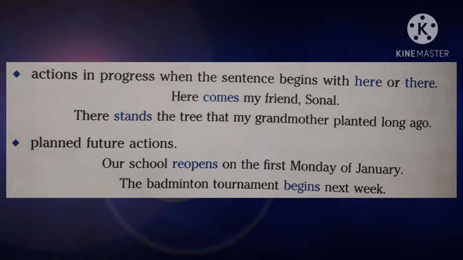For example, our school reopens on the first Monday of January. The badminton tournament begins next week. In all these sentences, we use subject plus V1 or V1 plus S or ES. We use V1 with plural subjects and V1 plus S or ES with the singular subjects.